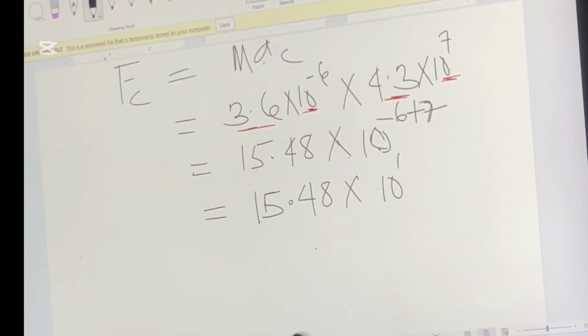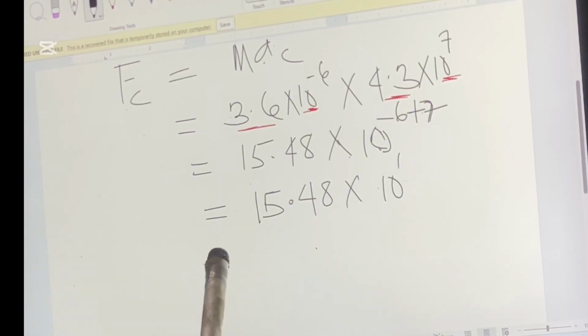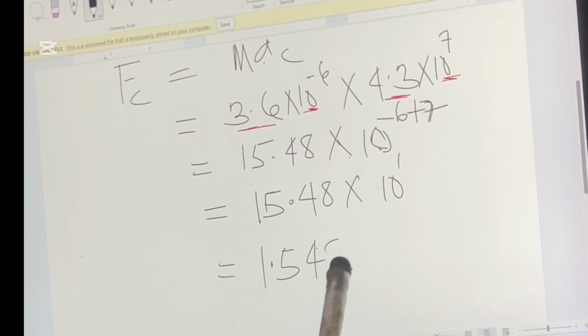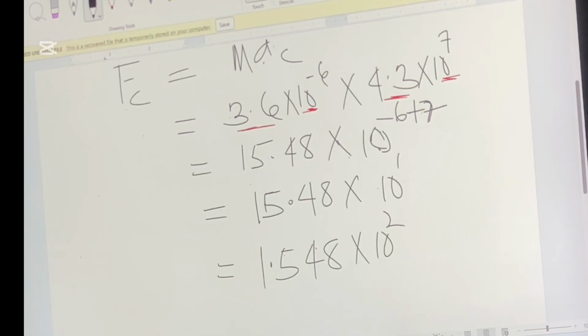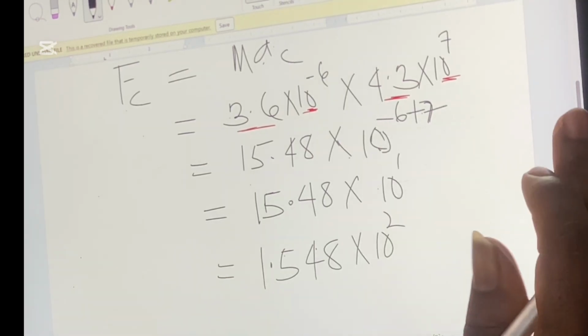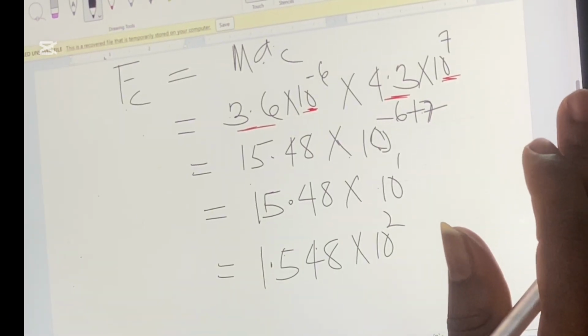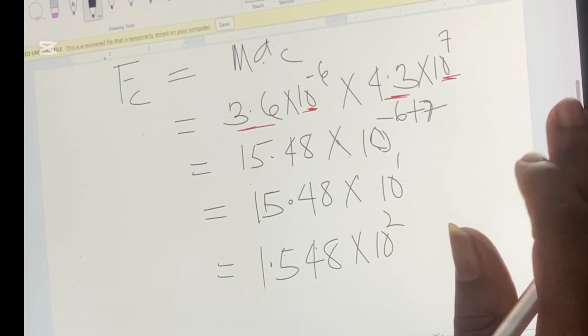So representing this here in a perfect standard form, this is the same thing as 1.548 times 10 raised to the power of 2. But class, if you look into the options here, we don't have anything like 1.548 times 10 raised to the power of 2.